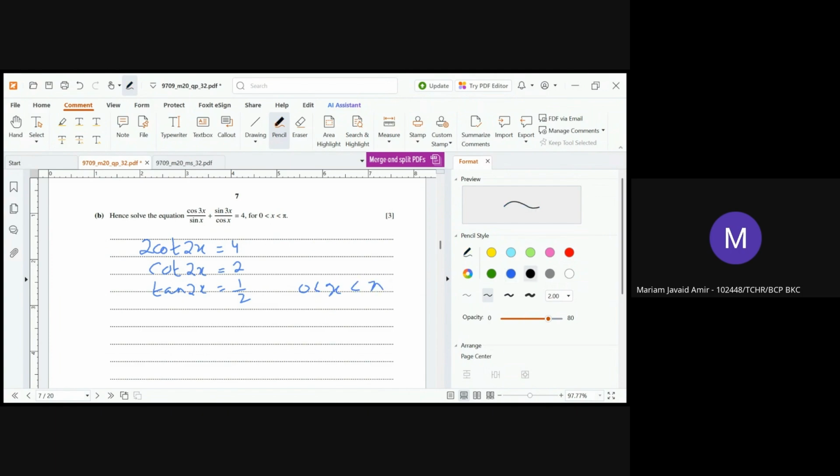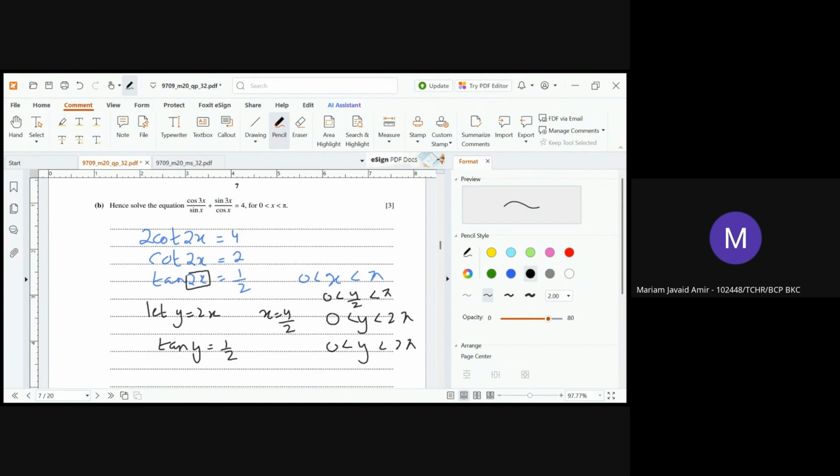We're going to substitute this with another variable. Let y equal 2x, which means x equals y over 2, which means we get y over 2 in between the inequality, which means the new domain is now from 0 to 2 pi. So we have tan y equals a half for the domain 0 to 2 pi.